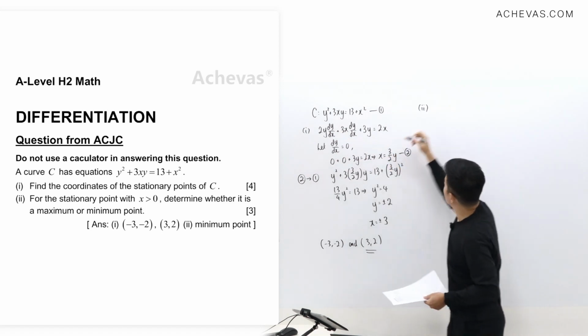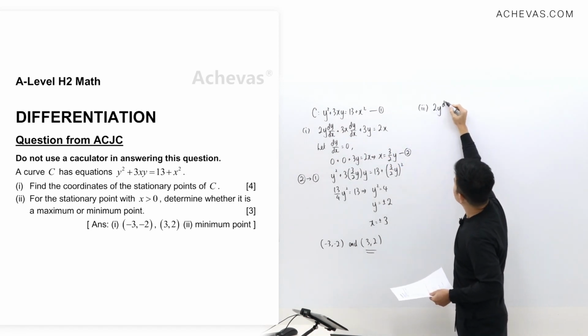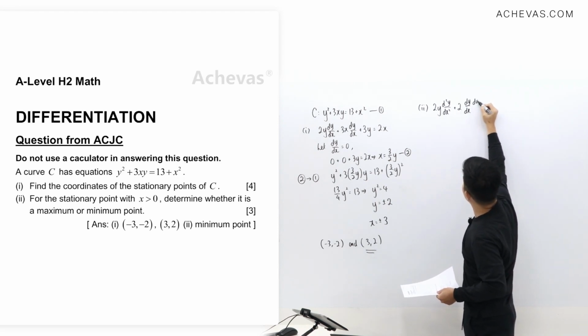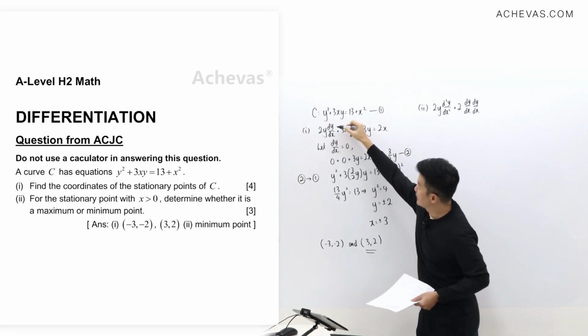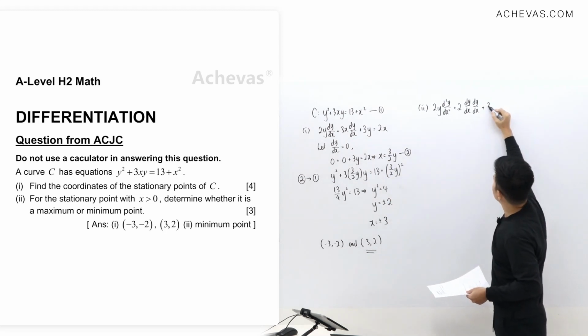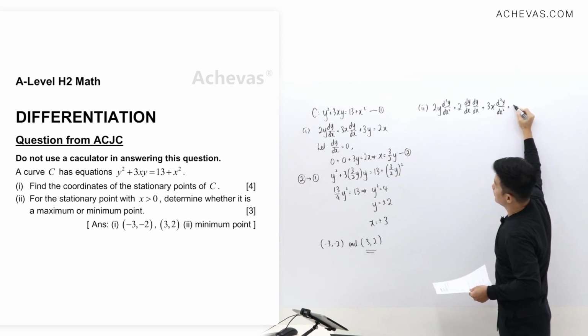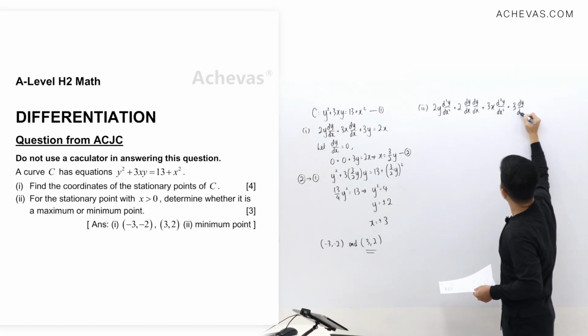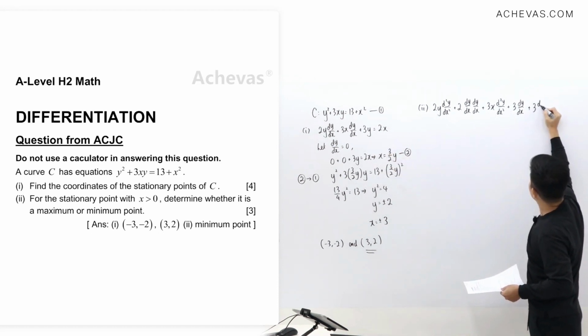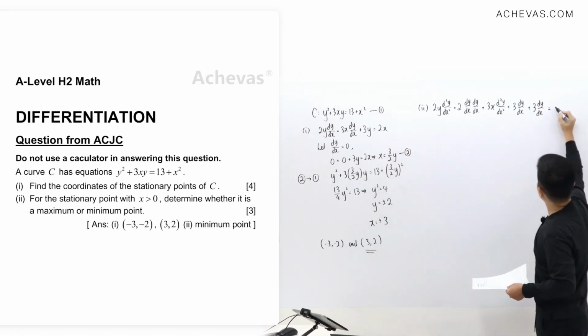So applying the product rule for this, we will have 2y d squared y/dx squared plus 2 dy/dx, product rule, so I will have to multiply this by dy/dx again, then plus, again applying the product rule here, it is going to be 3x d squared y/dx squared plus 3 times dy/dx, plus differentiating this, it is going to be 3 dy/dx, is equal to differentiating 2x. That will be giving me a 2.